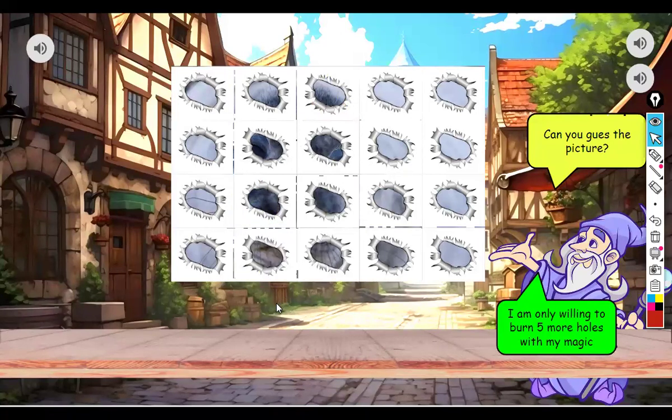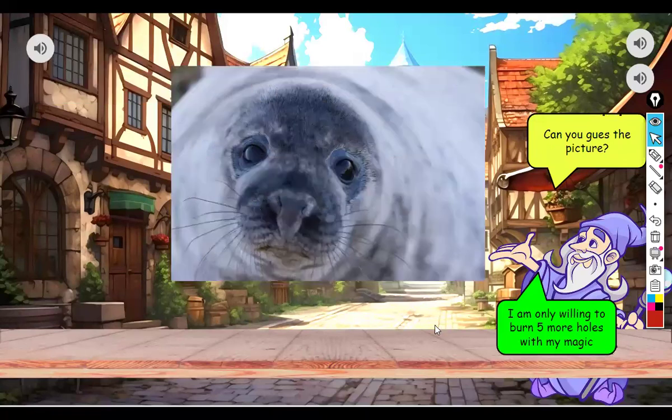So for those who guessed something starting with the letter S, you are correct. It's a seal. All right. Great. So for those who got it, you have some good eyesight. Or you probably have a pet seal at home, and this picture is no stranger to you all. Let's move on.